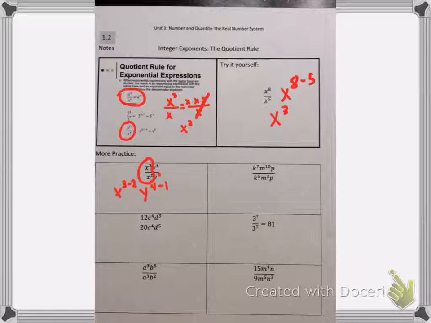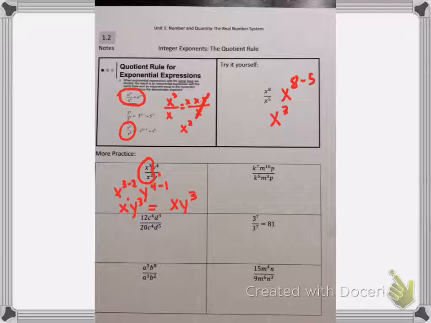So we're going to subtract the power of 1 on the bottom. So the x's would be 3 minus 2, which is 1. I can show the power of 1 there, but I don't have to. And then y to the 4 minus 1, which is 3. So if I were to write this answer out without that power of 1 showing, it would be x y to the 3rd.